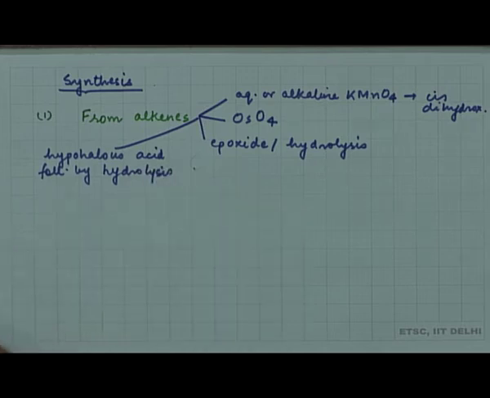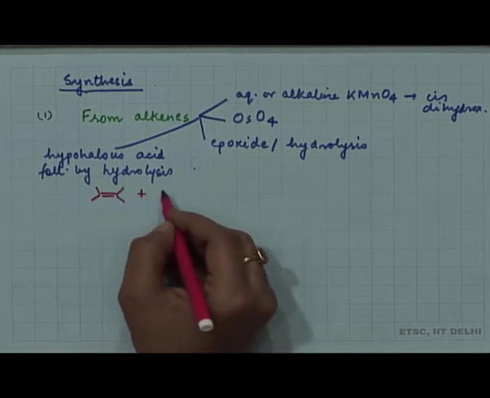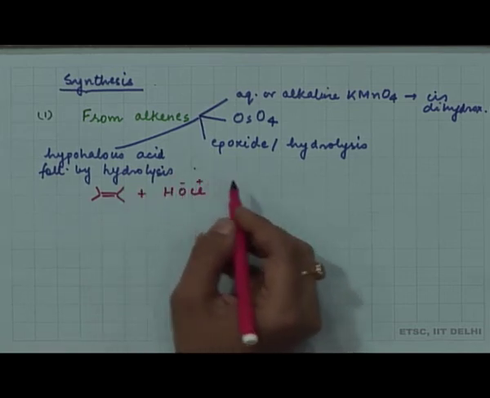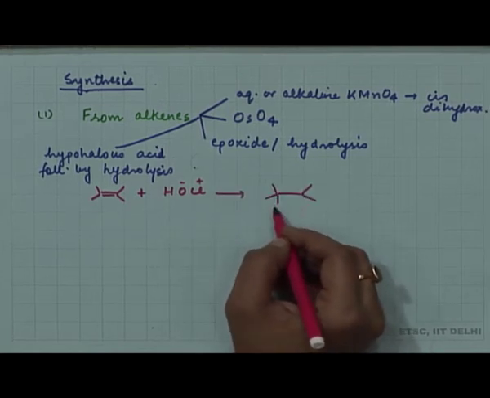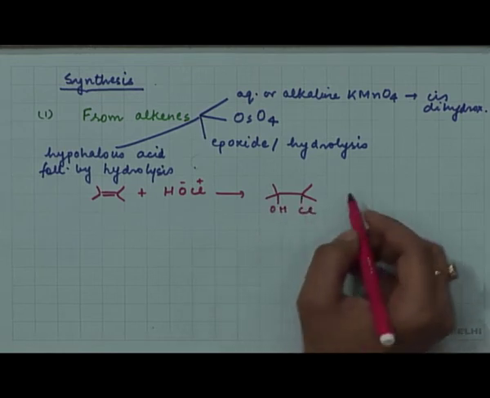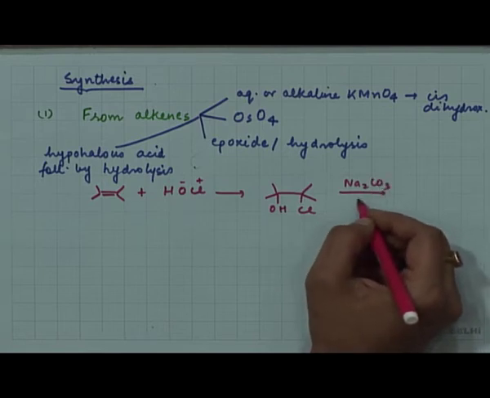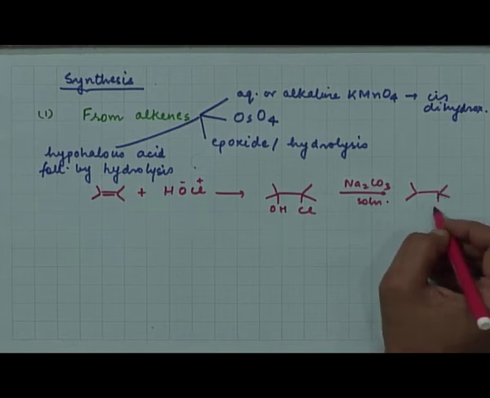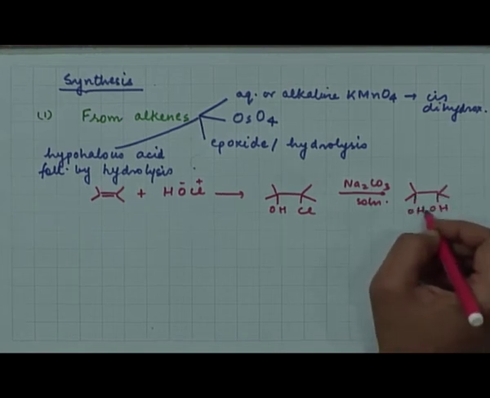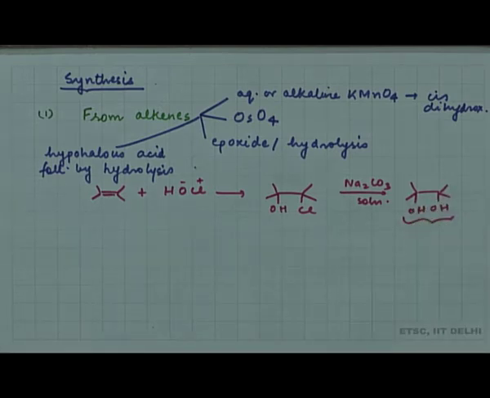I will just write it down in case you do not remember. You had an alkene, you treat with the hypohalous acid, a regular electrophilic addition reaction on the alkene, and this was followed by sodium carbonate hydrolysis, and this yielded the corresponding diol.